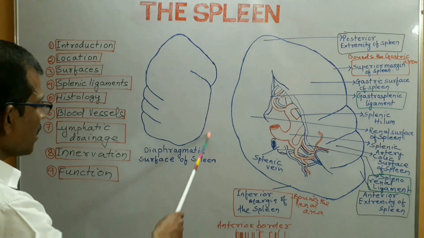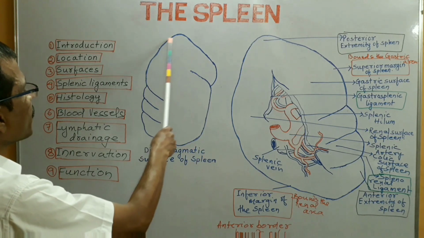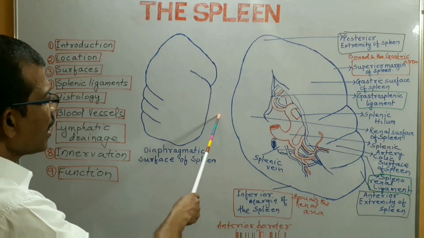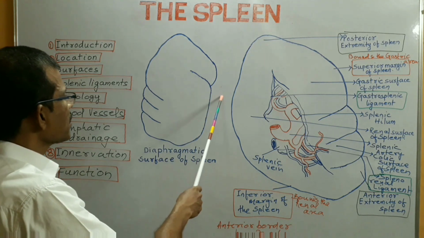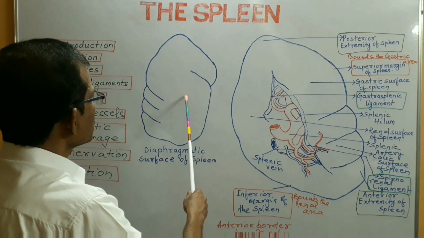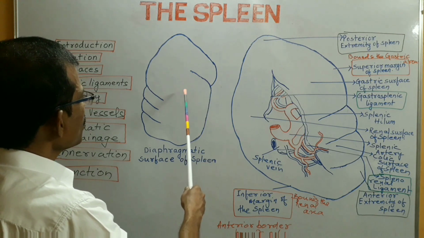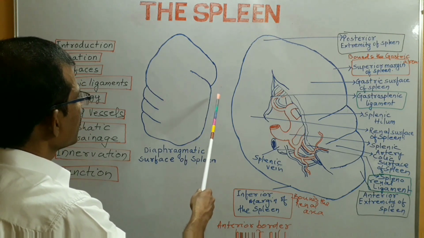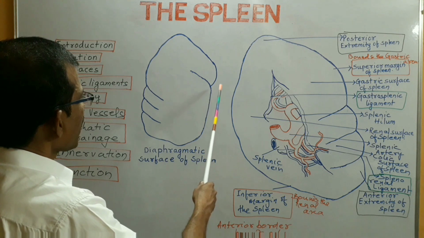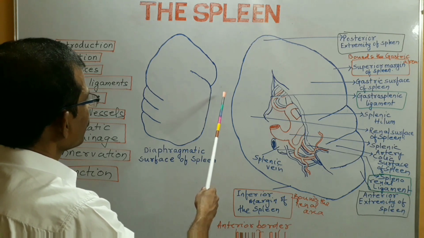This surface is known as the diaphragmatic surface, and it leans onto the adjacent part of the diaphragm. It also bears impressions from ribs 9 to 11.